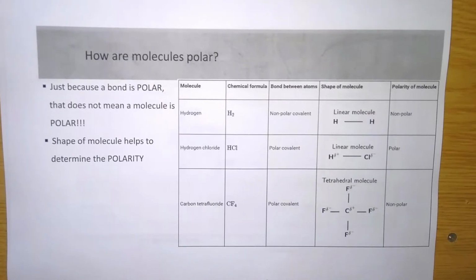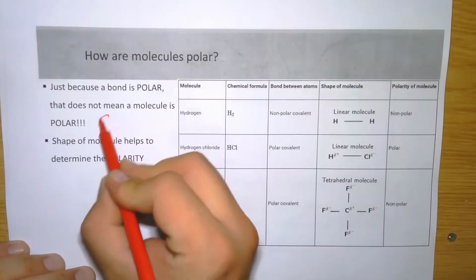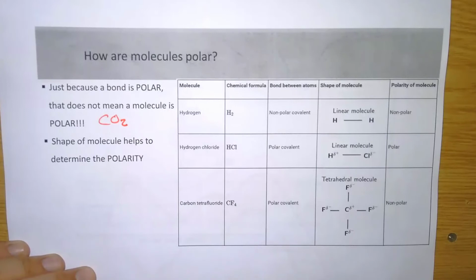So, how are molecules polar? And that's exactly what we did now with those three examples. So I'm just going to go through it with you again quickly. So just because a bond is polar, that does not mean the molecule is polar, like for instance the example we used with carbon dioxide.